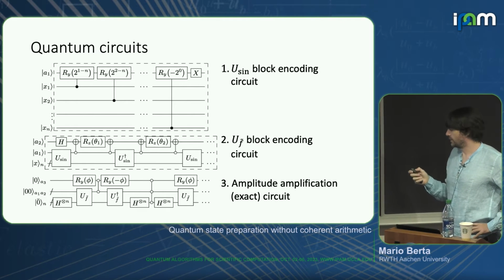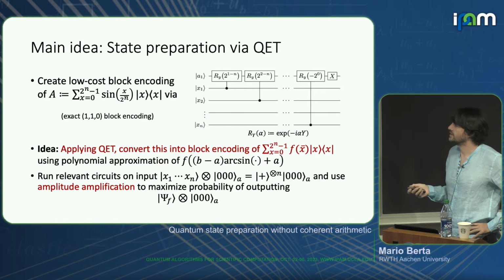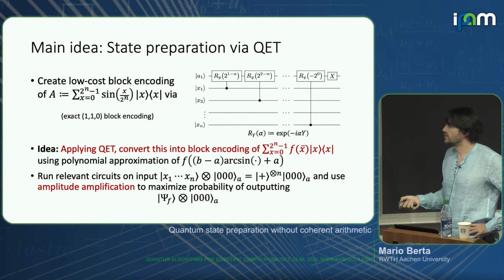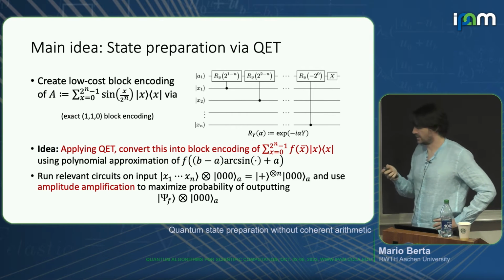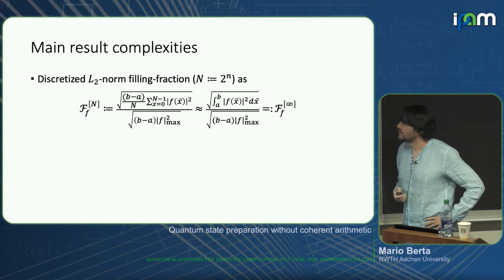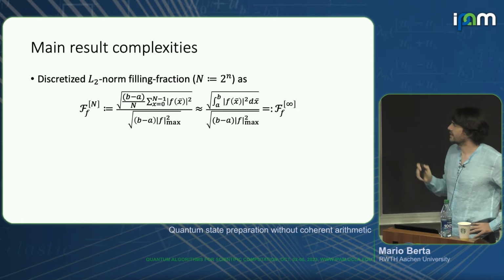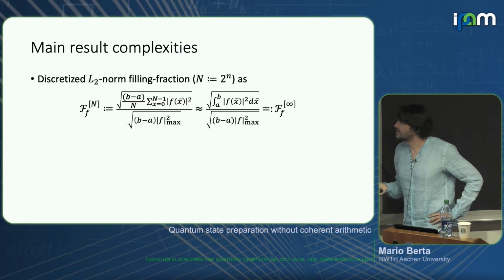The crucial point is, first of all, what degree of polynomial do you need here? And second of all, how does the error of the approximation scale or propagate to your final state? This you have to analyze. Okay, so let me get through that step by step.